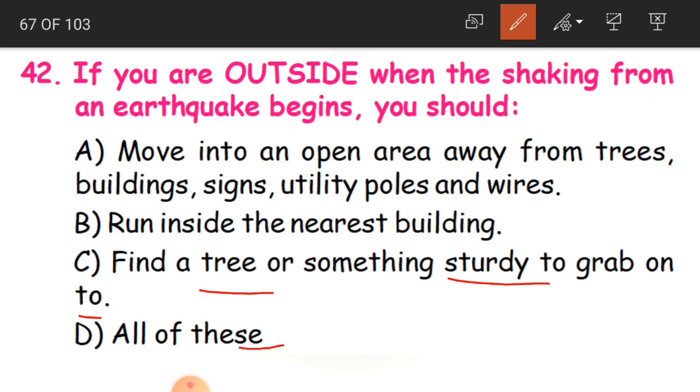So when you are outside, children, not in your home, and the shaking from an earthquake begins, what should you do?